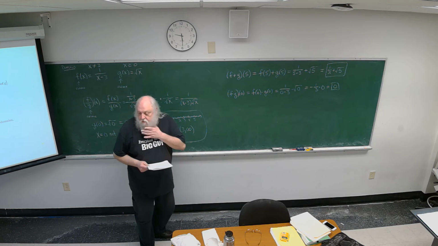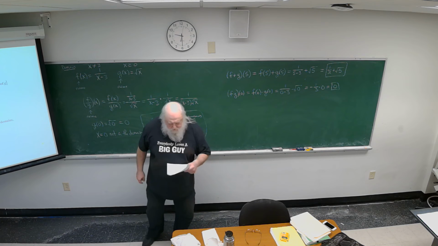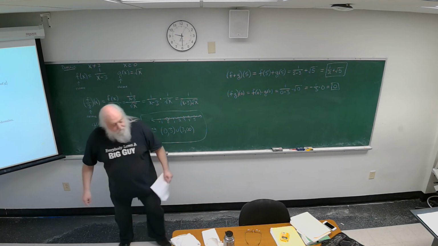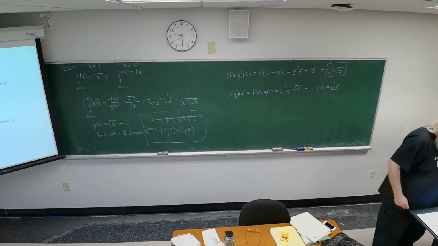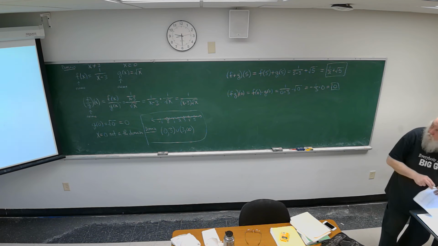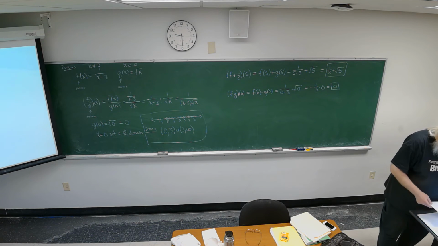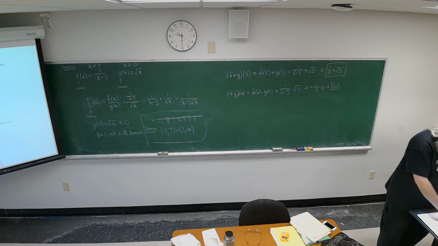Any questions? All right, so let's take a look at this word problem, example 2. A common air pollutant responsible for acid rain is sulfur dioxide, SO2.